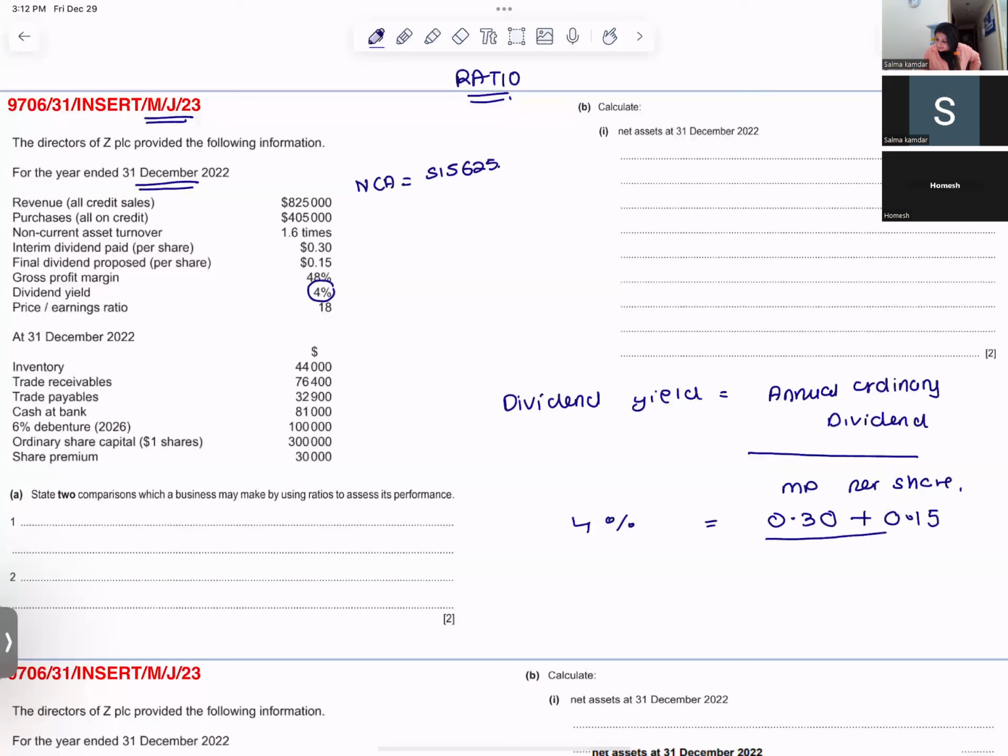Yeah, so the total will be 0.45. So divided by market price per share. So can you give me the market price per share? 0.45 divided by 4%.